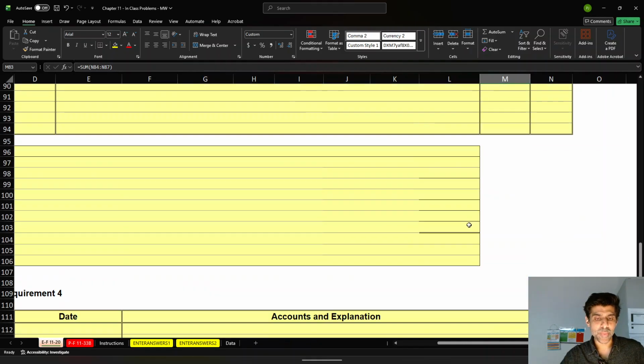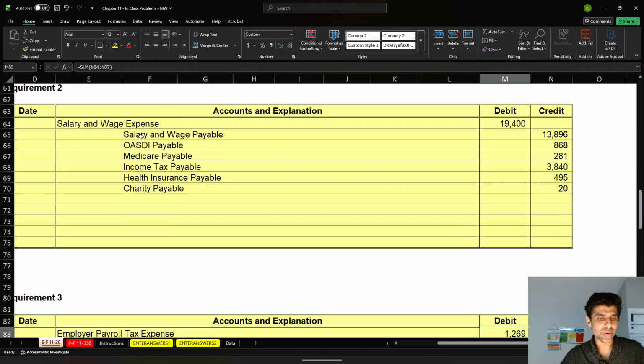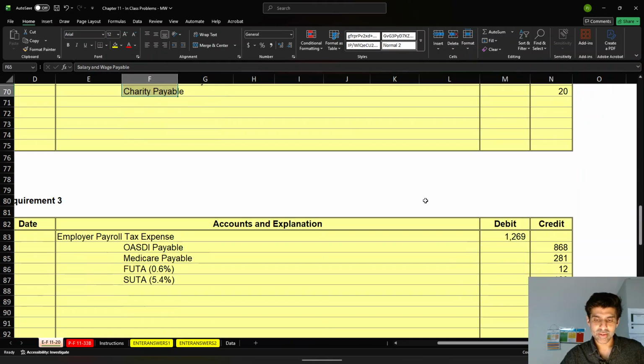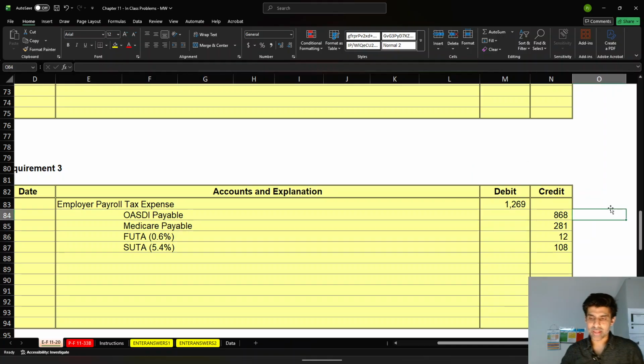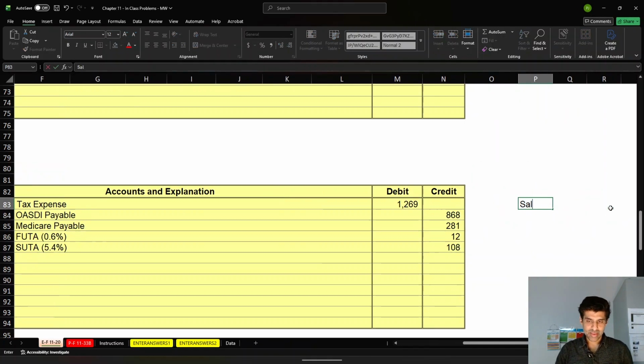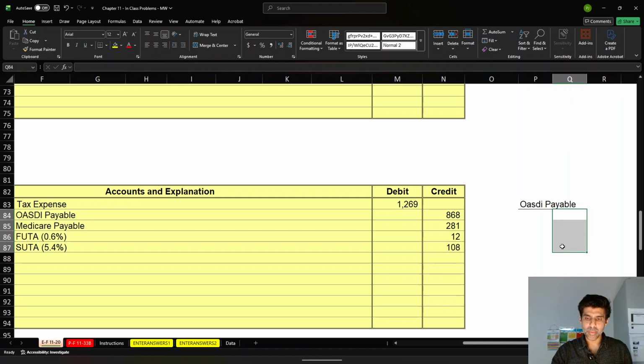Okay, so now when we pay all this stuff off, now we have all these payables. And just to remind you, I think I mentioned this, OASDI payable. What is the total amount in there?